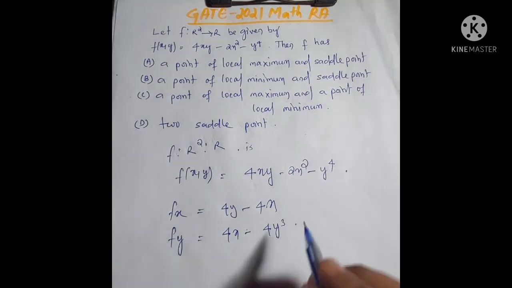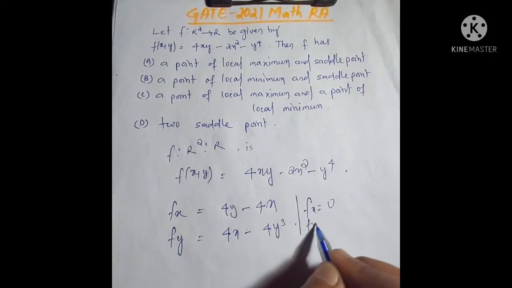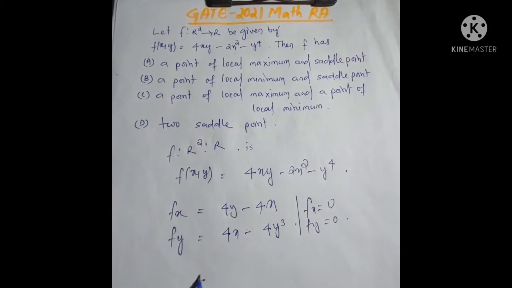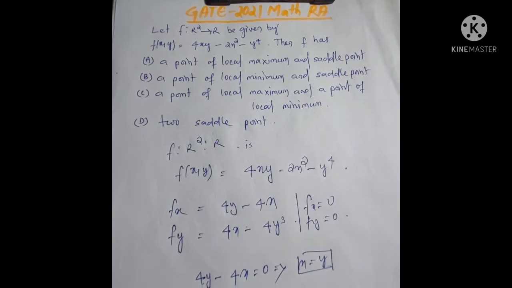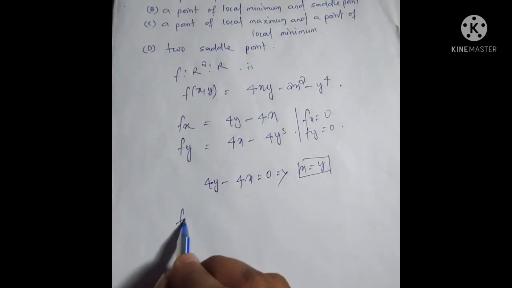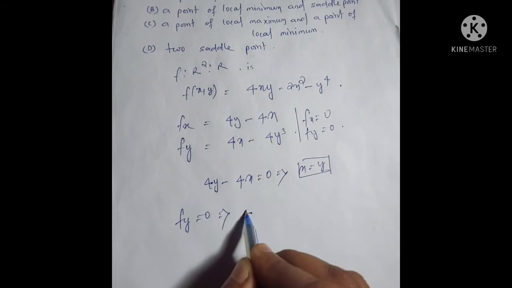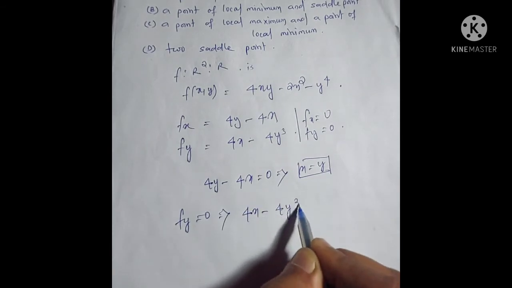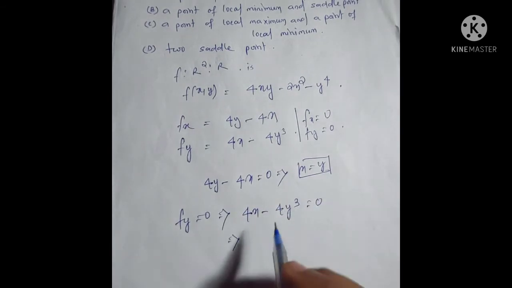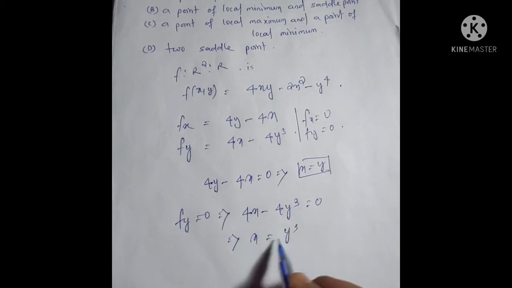Now, take fx equal to 0 and fy equal to 0. Then we get 4y minus 4x equal to 0, which implies that x is equal to y. Now, fy equal to 0 implies that 4x minus 4y cube is equal to 0, which implies that x is equal to y cube.